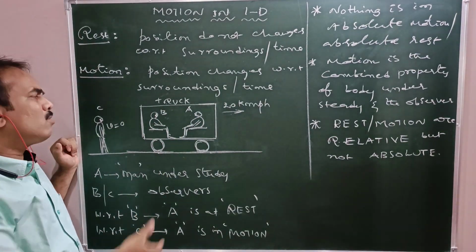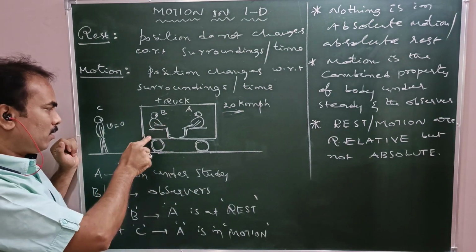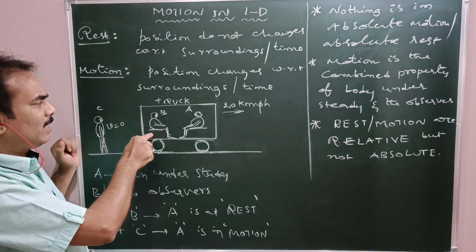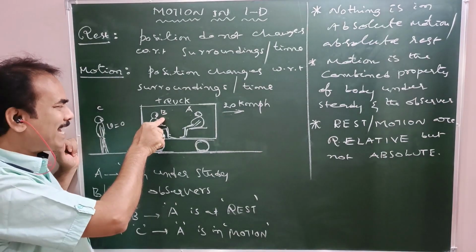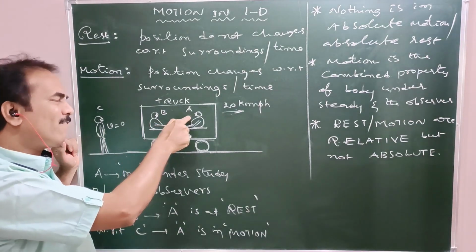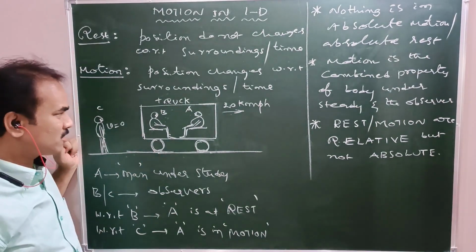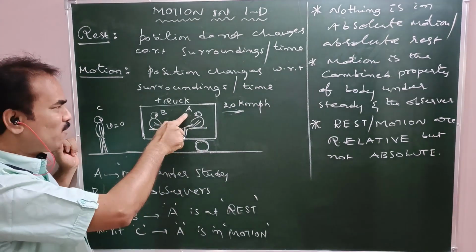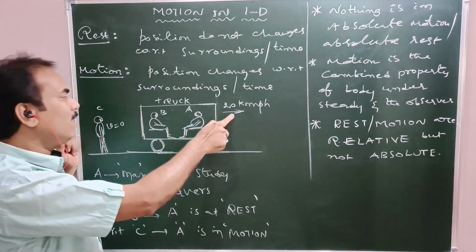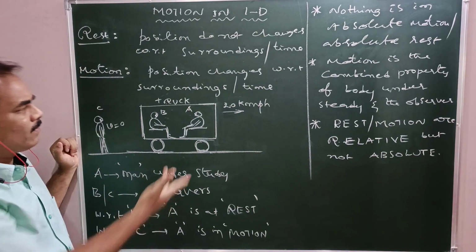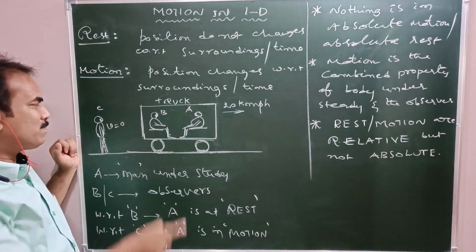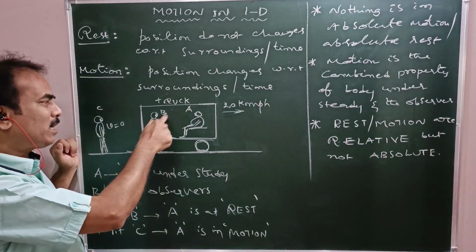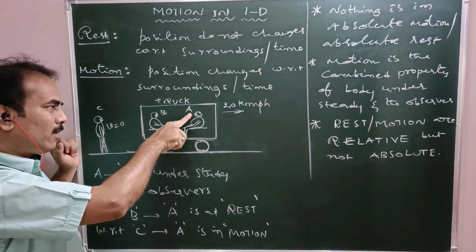So a frame attached to the truck is identical to a frame attached to B, also identical to a frame attached to A. If A moves with a velocity 20 kmph, B also moves with the same velocity 20 kmph.